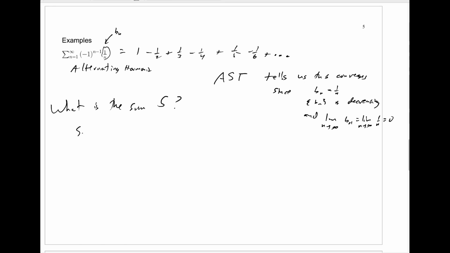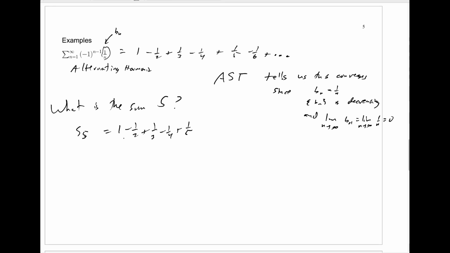And let's look at S sub 5, for example. S sub 5 is just 1 minus a half plus 1/3 minus 1/4 plus 1/5. You could easily add these together and write that as a single rational number or get a decimal approximation. That's some number.